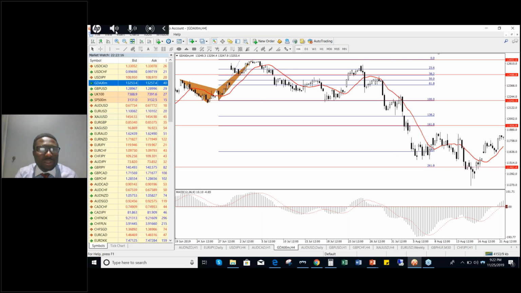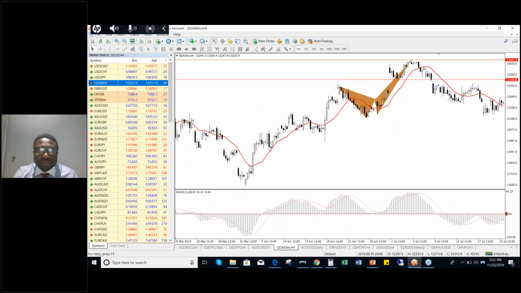Wow. And we see price travels and breaks all three of them. From this point of my entry down to 261.8, I have 1,000 pips. And my stop loss is 166 pips. This is a ratio of approximately 1:7, 1:8.